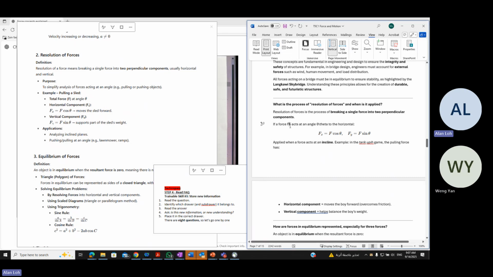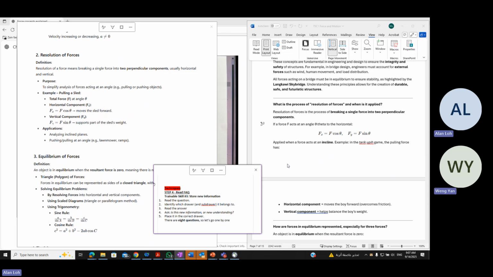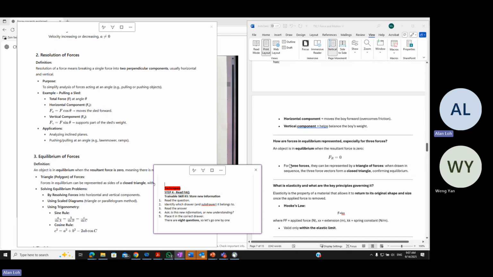Incline. Okay. Any new information or new understanding? A bit of new understanding, I guess, at the incline. Yeah. Okay, so there's new understanding. That's good. Okay, number 3.